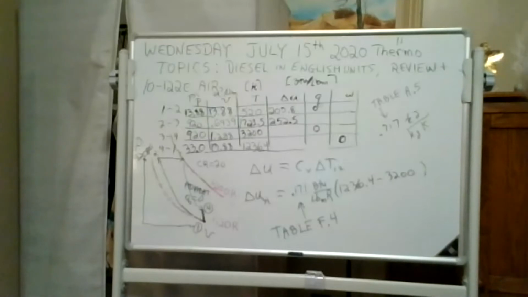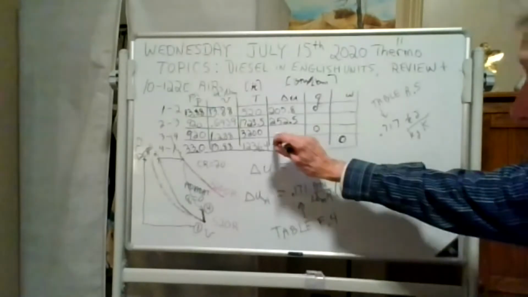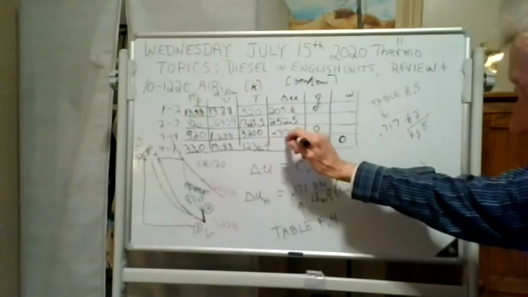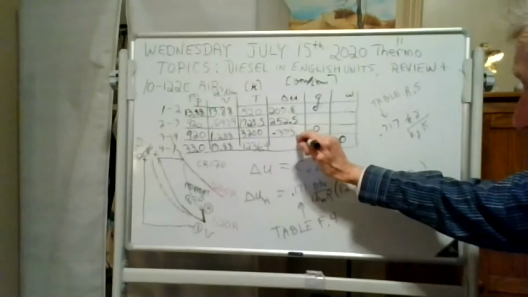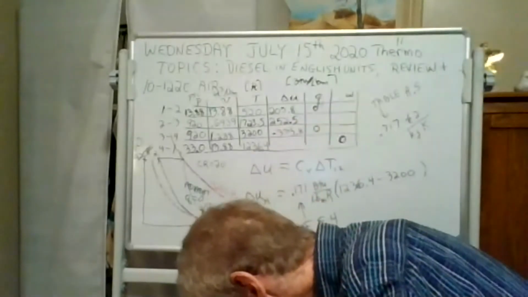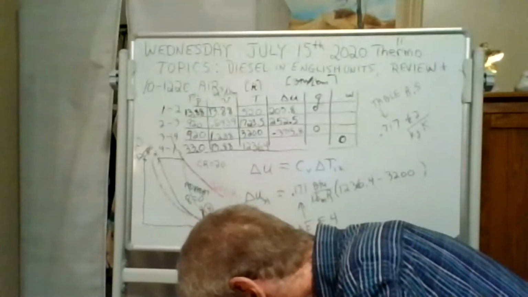Okay, let's do it. I'm getting a negative 335.8. Negative 335.8. Yeah, that's good.